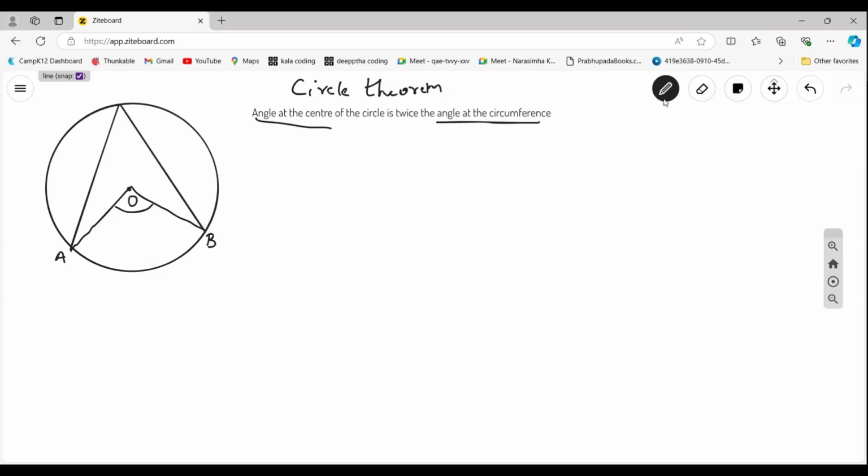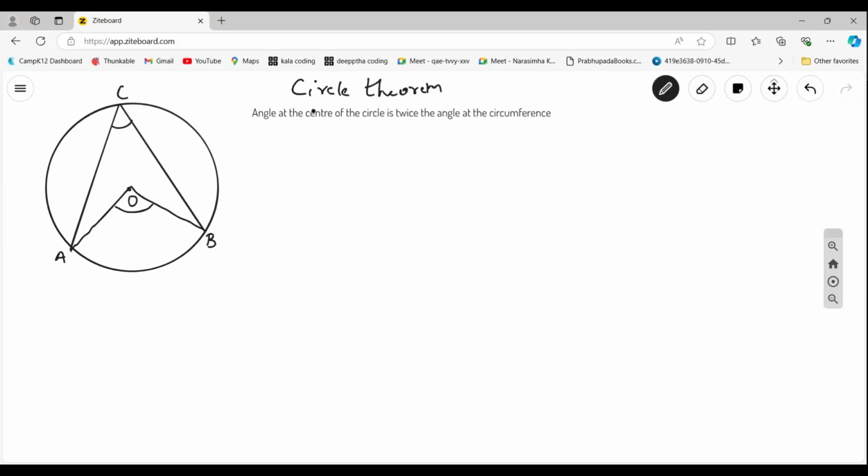Let's give a name to this point, C, maybe. Now this is done. So they're saying this angle AOB is twice the angle ACB. That is what we have to prove.